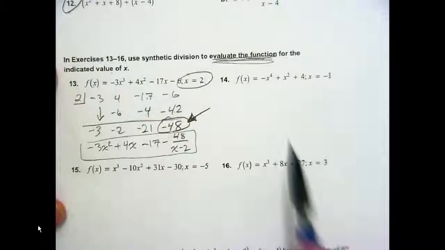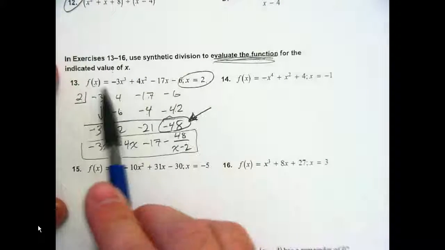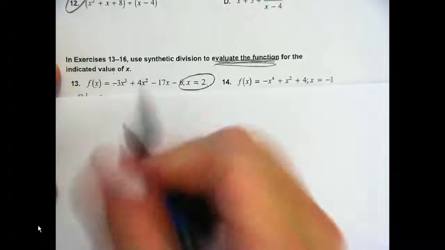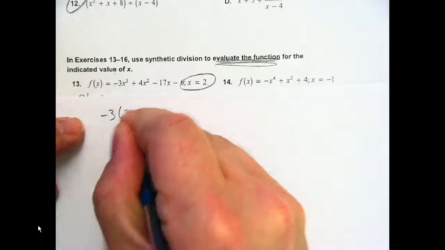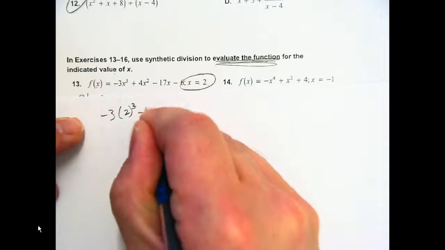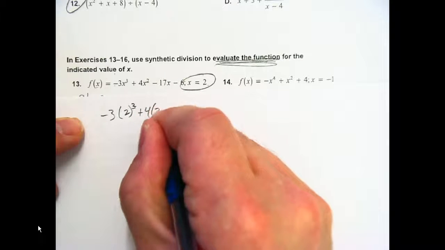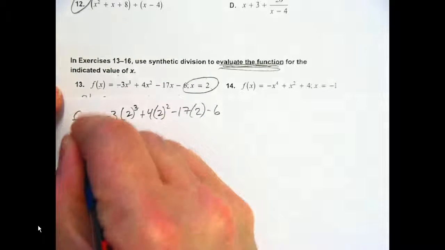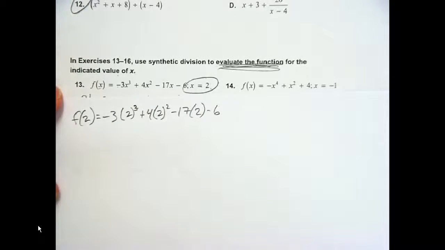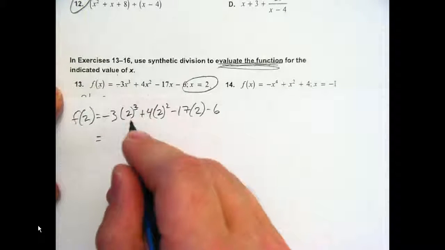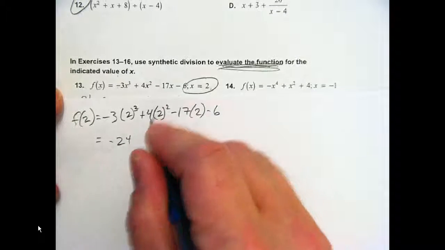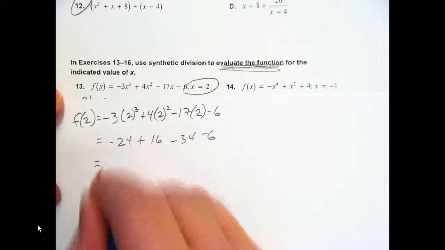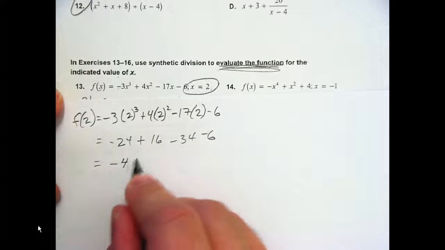If you were to actually put 2 into this and substitute those values in, negative 3 times 2 cubed, plus 4 times 2 squared, minus 17 times 2, minus 6, that's f of 2. We do the math. That gives me 8 times negative 3, or negative 24. 4 times 4, which is 16. Negative 34 minus 6. All of that equals negative 48.